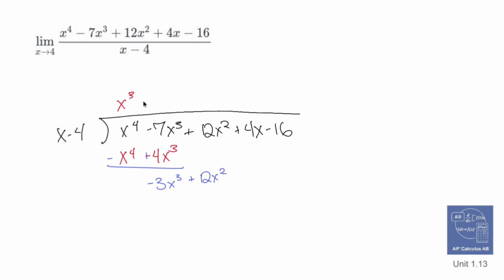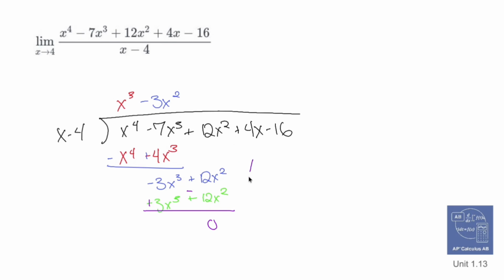X times negative 3x squared is going to get me negative 3x cubed. So let's multiply negative 3x squared to x minus 4. So that'll be negative 3x cubed plus 12x squared. Flip the signs. Ooh, this is nice. You become 0.